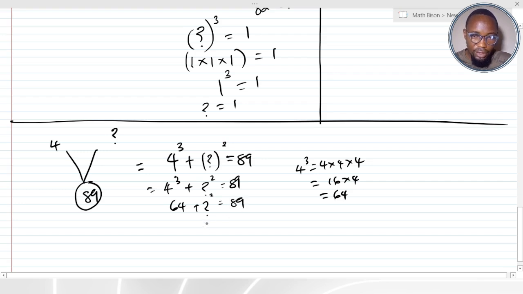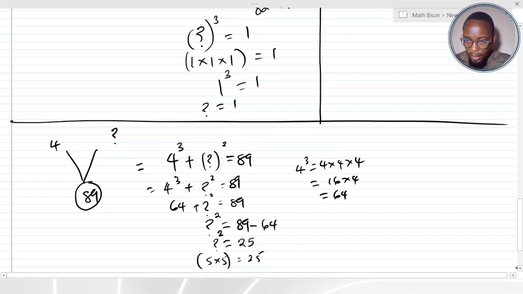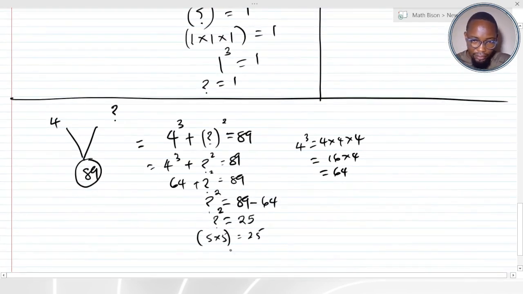So by reverse engineering, I should have 89 minus 64. This is going to be 25. There's a number, I square it, and it gives me 25. The only number that can happen like that is 5 times 5, 25. So it is the square of 5 that can give you 25.